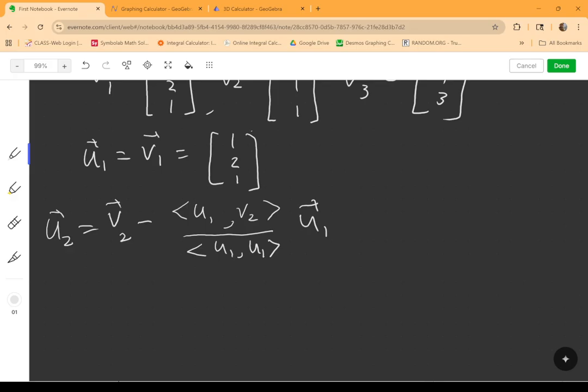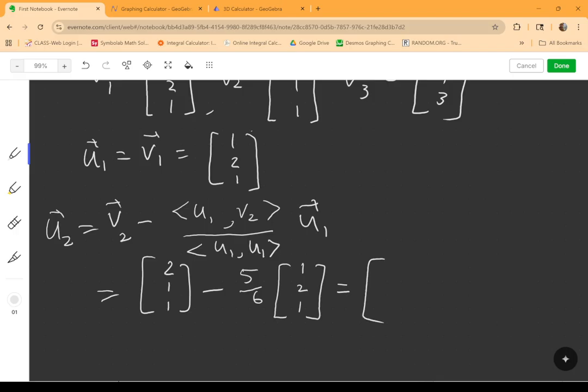Okay, so I'll perform these calculations here, and this gives me 2, 1, 1. The inner product of U1 and V2 is 5, and the inner product of U1 with U1 is going to be 6, and then U1 is 1, 2, 1. All right, and then doing this calculation, we get 7/6, minus 4/6, 1/6.